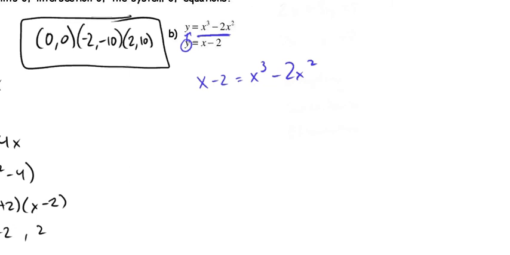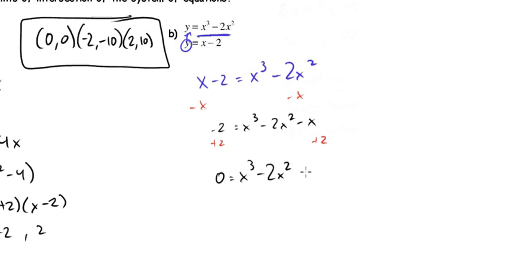And so we're going to subtract x from each side, which leaves us with -2 equals x cubed minus 2x squared minus x. And I'm also going to add 2 to both sides, leaving us with 0 equals x cubed minus 2x squared minus x plus 2.